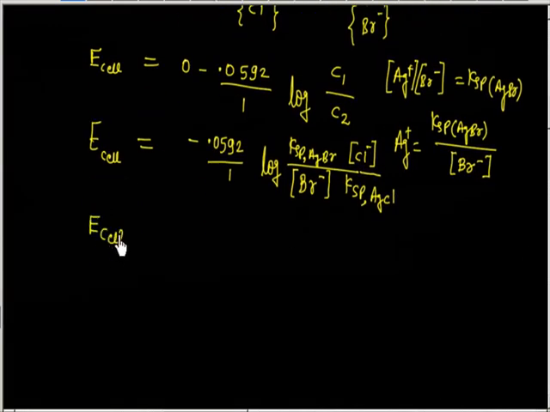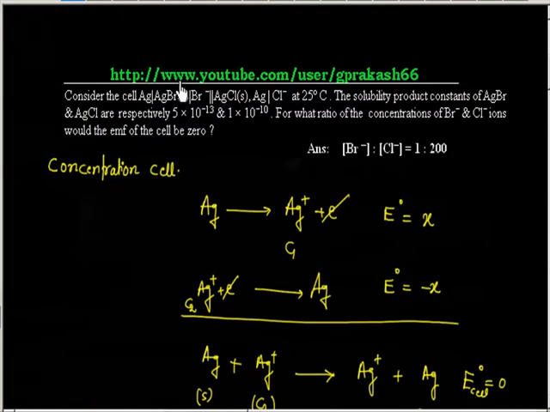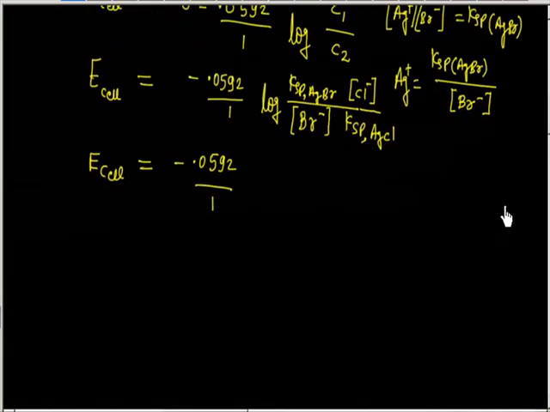So E cell is equal to minus 0.0592 divided by 1. Now the question says find the ratio so that the EMF of the cell is 0. So easy, EMF of the cell is 0. Now if this is 0, this log has to be 1.